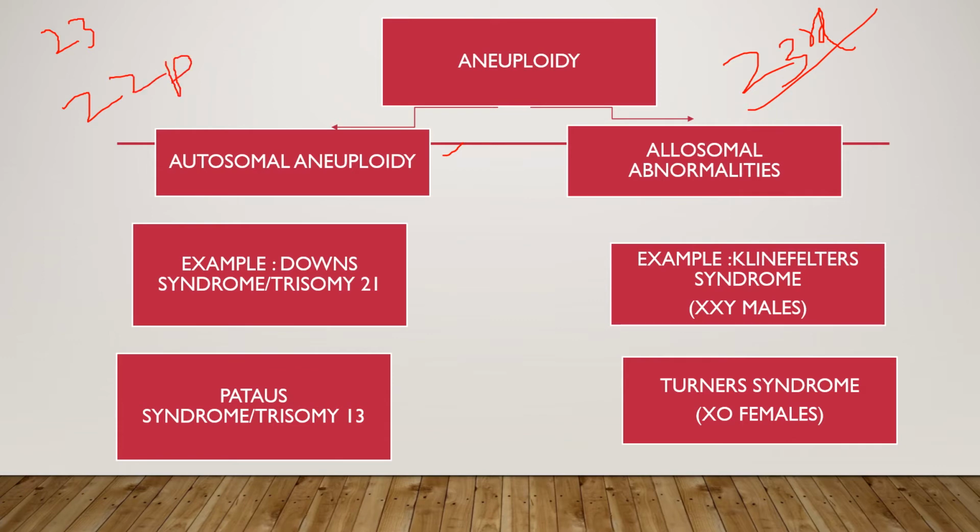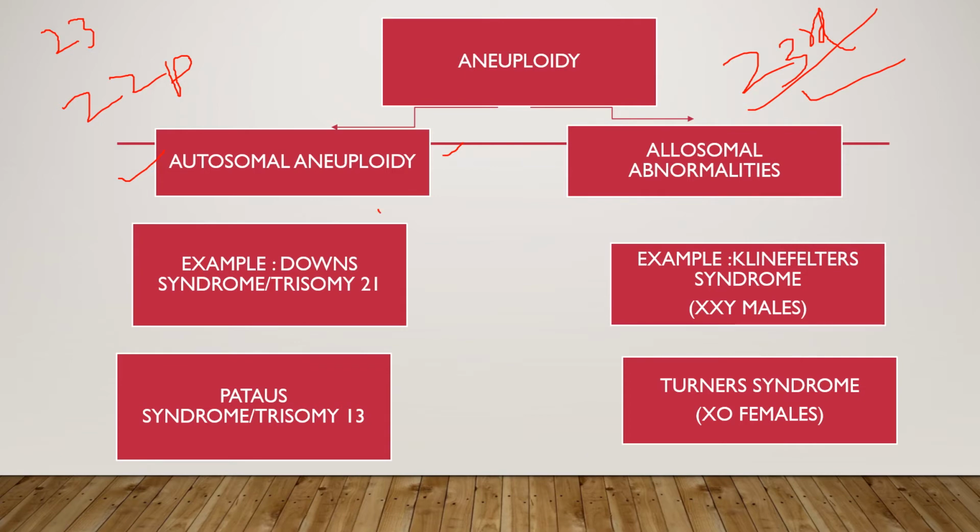If there is any error in the number of autosomes, we call it autosomal aneuploidy. If there is any error in the number of sex chromosomes, the 23rd pair, we call it allosomal abnormalities.